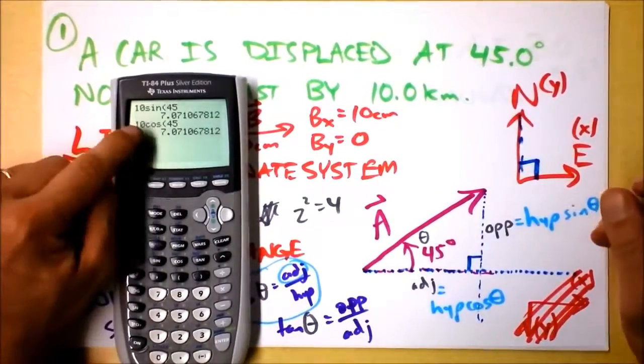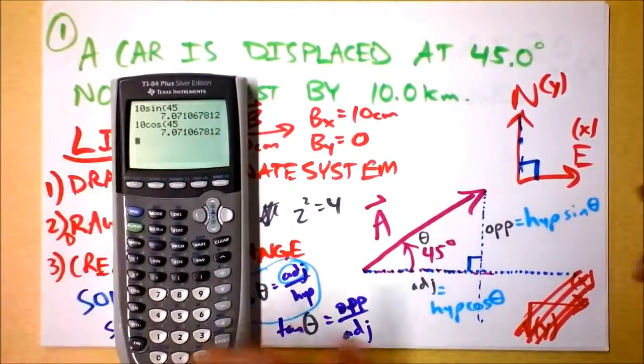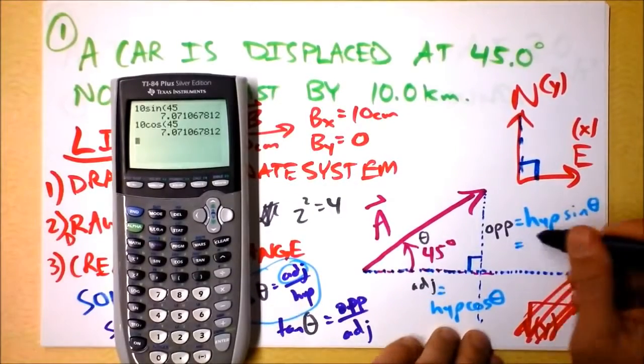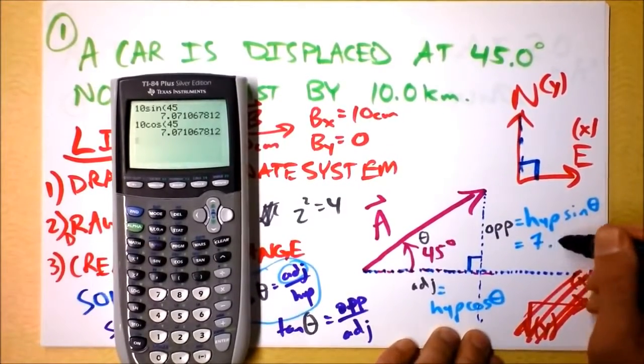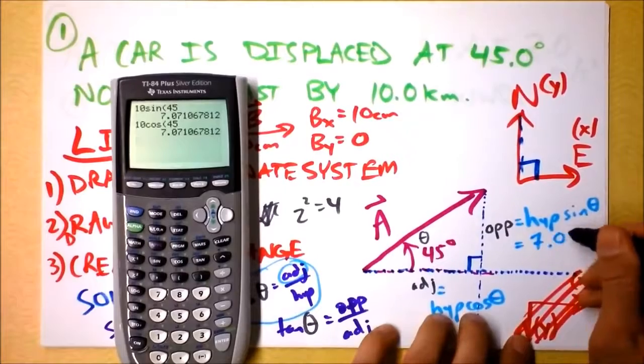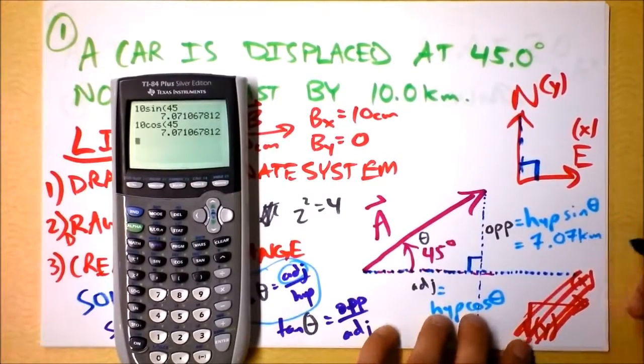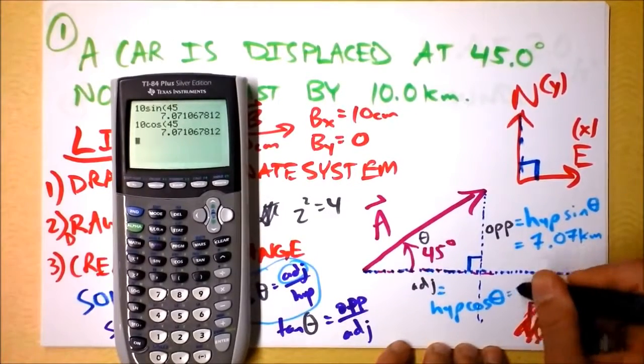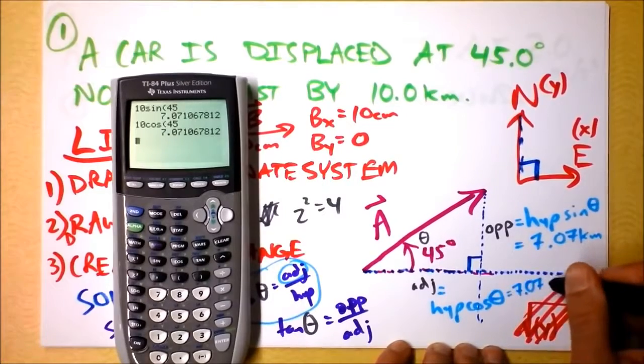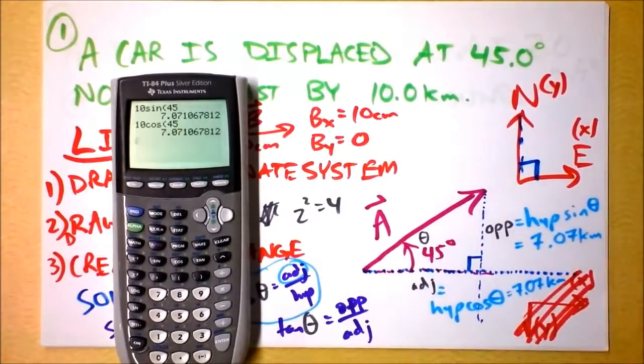Oh, my calculator made a mistake. Something's wrong. It's not recognizing that I changed it. So I've got, what, 3 sig figs? 7.07 kilometers, and this is supposed to also be 7.07 kilometers. Oh, it's because it's a 45, 45, 90 triangle.